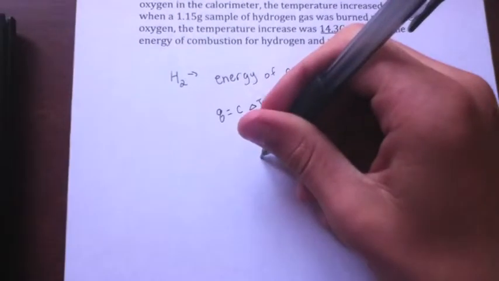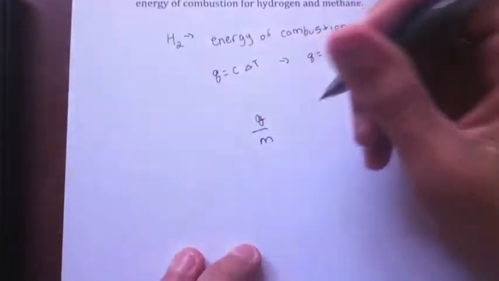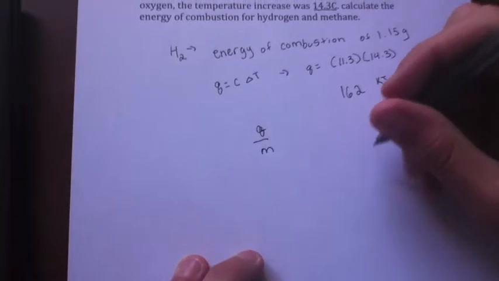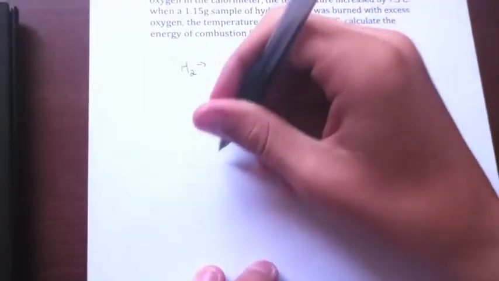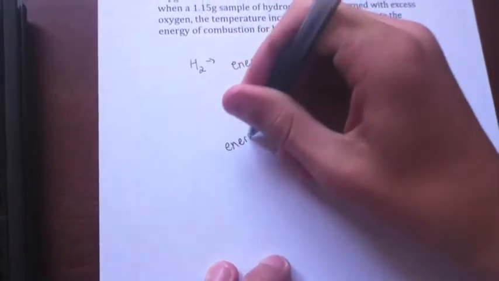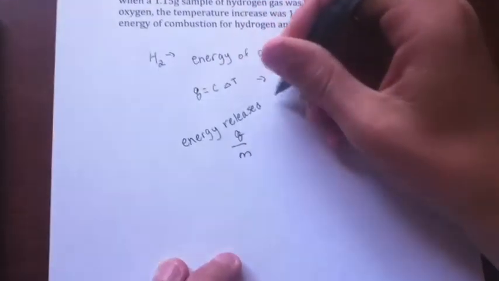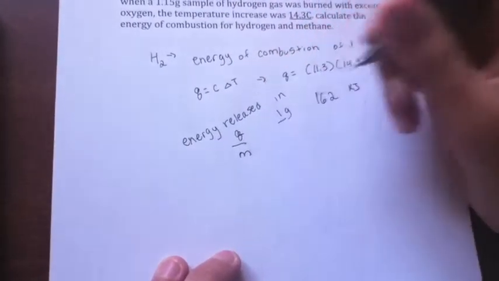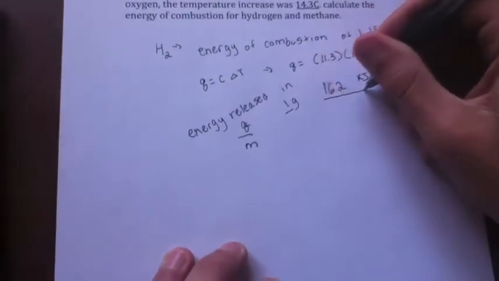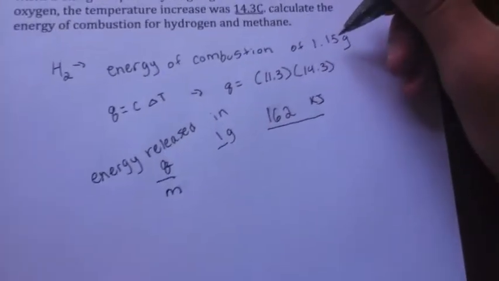Now we're trying to find the Q over M, because we're trying to find the energy released in 1 gram. So this is the total energy for 1.15 grams.